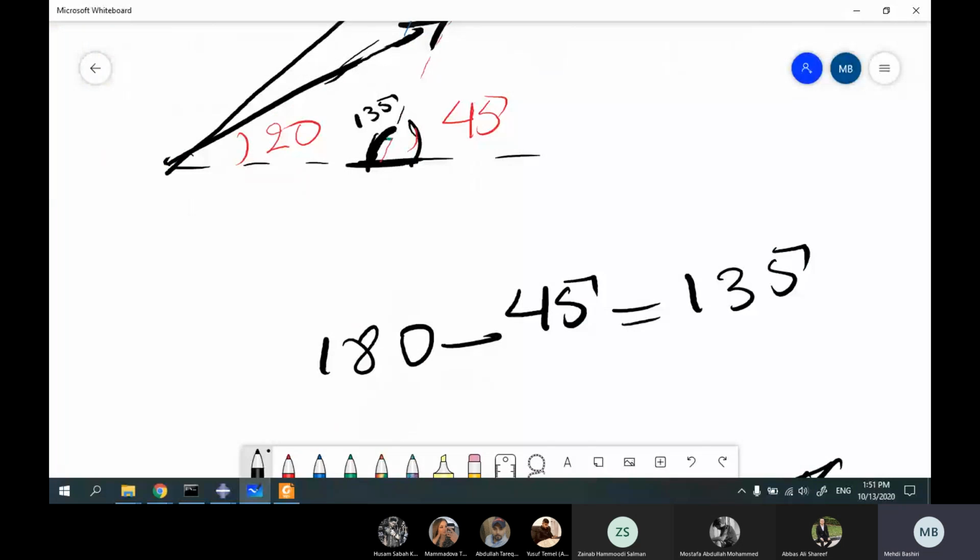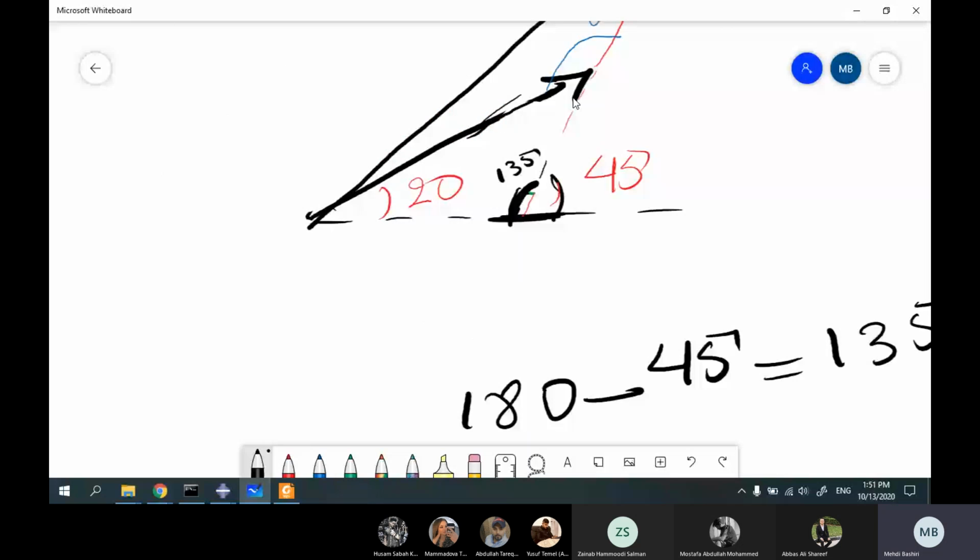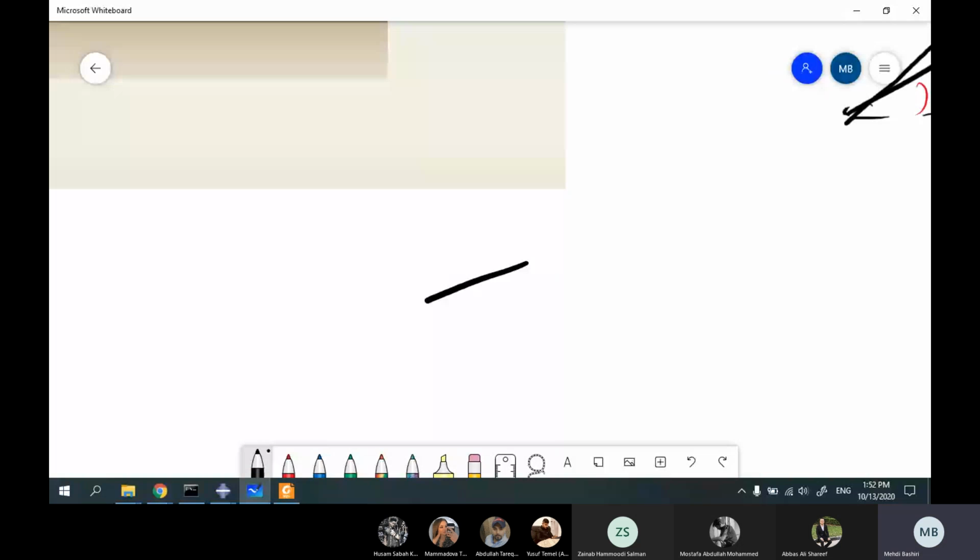This angle is 135. In this triangle, we have such a situation. One of the angles is 20, the other one is 135.